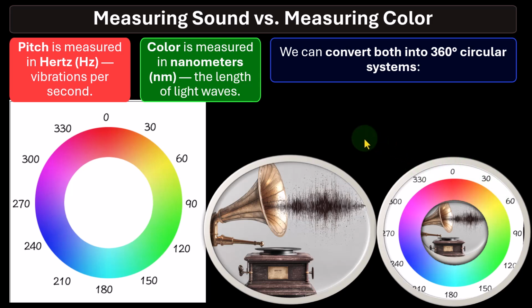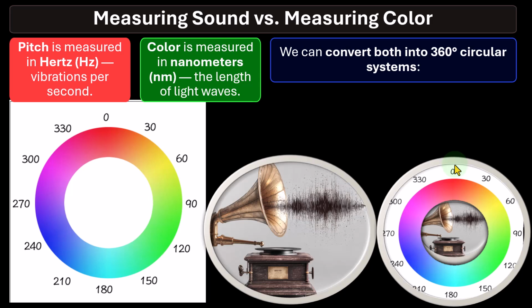So what we're going to do is line these two things up side by side. Sound wavelengths mapped in hertz, color mapped in nanometers, but then standardize each of those measurements so that we're looking at equal distances of 360 degrees, therefore being able to map it onto a circle.